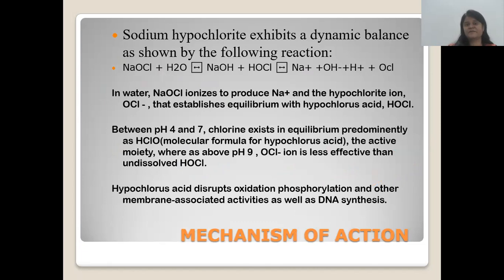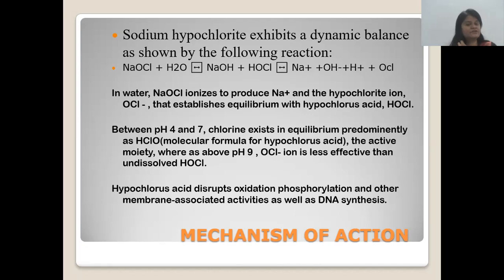Sodium hypochlorite exhibits a dynamic balance as shown by the following reaction: sodium hypochlorite plus water gives sodium hydroxide plus hypochlorous acid, with sodium, hydroxide, hypochlorite ion and hydrogen ion. In water, sodium hypochlorite ionizes to produce sodium ion and hypochlorite ion, which establishes an equilibrium with hypochlorous acid, HOCl.